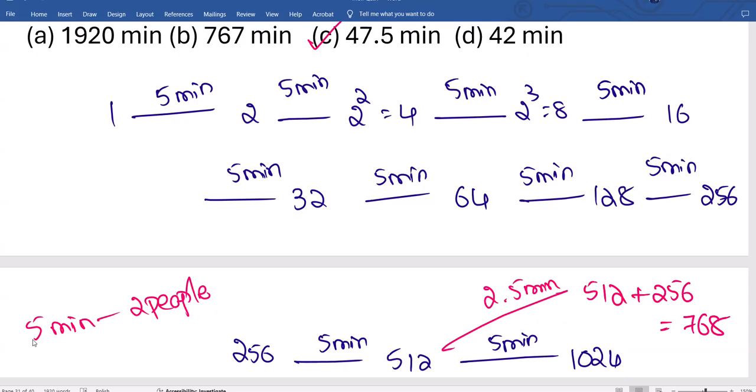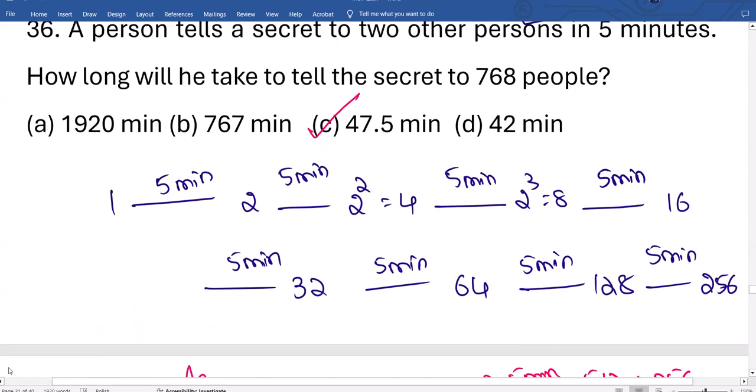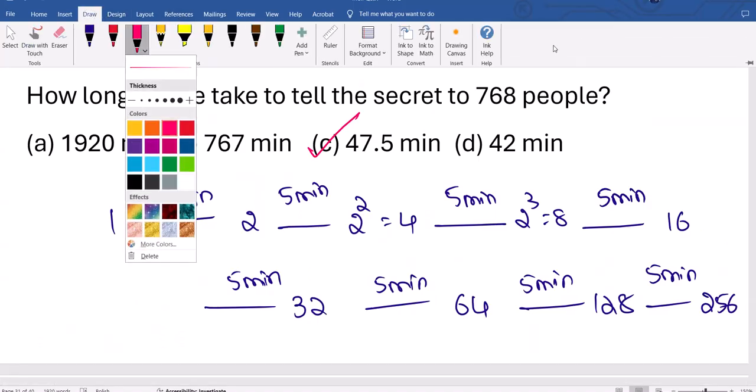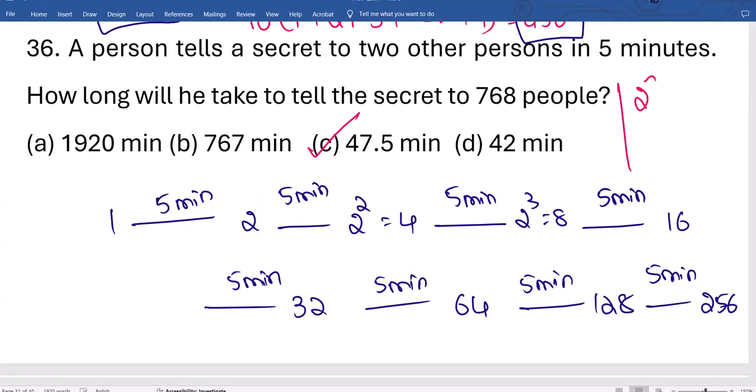See, if that number is exactly 2 power something, we can give the answer as a shortcut. Suppose the number of people is 512; 512 is 2 power 9, and 9 into 5 is the answer. You can use this shortcut, since the long method takes time. For 2 power 9, 512, the time taken is 9 into 5 minutes, so 45 minutes is required.